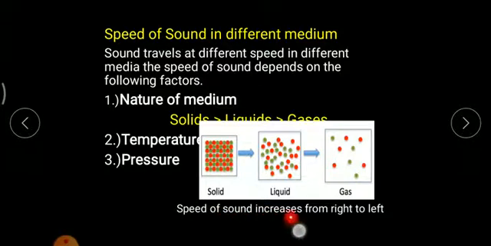So the maximum speed would be in a solid, not in a gaseous medium. So the speed of sound is fastest in a solid medium, then in liquid, and then in gaseous.